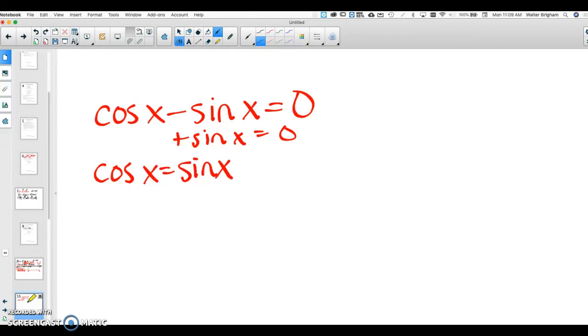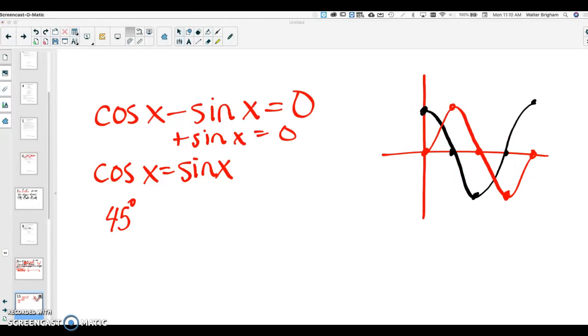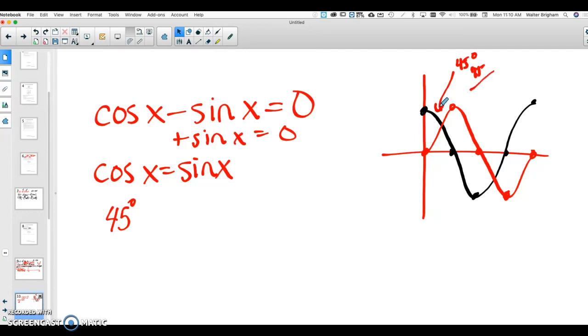Well, adding sine of x to each side, that can only be true when cosine of x equals sine of x. The only time that can happen is at 45 degrees, because they're both, I'll draw a picture here. Here's sine, here's cosine. The pictures show we can see it only happens here, which is at 45 degrees, or pi over 4.